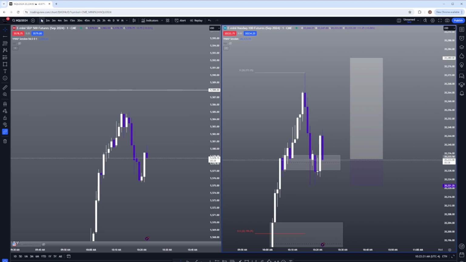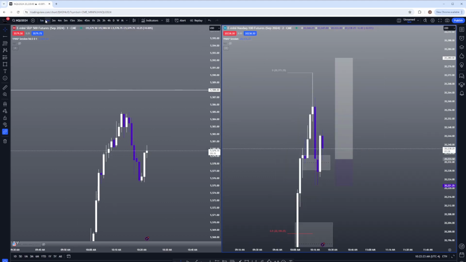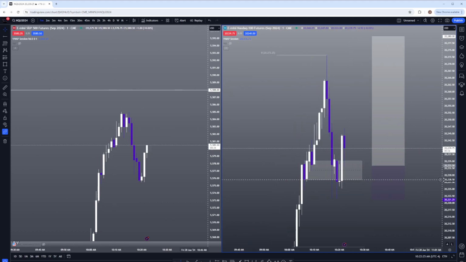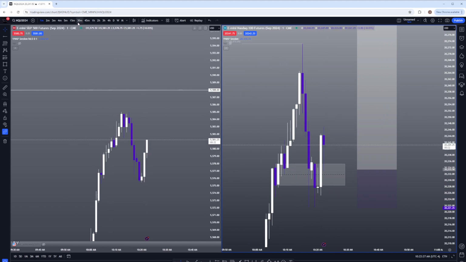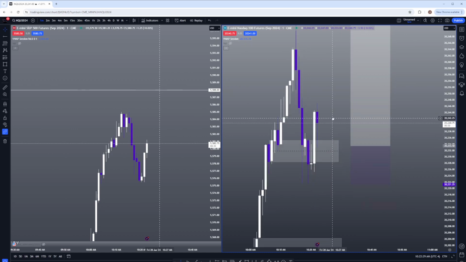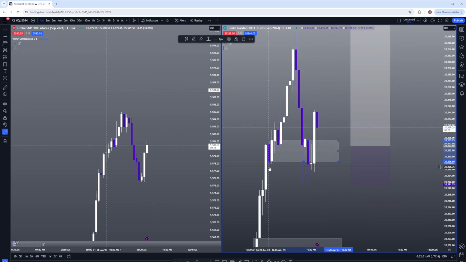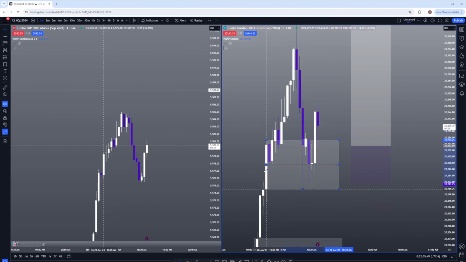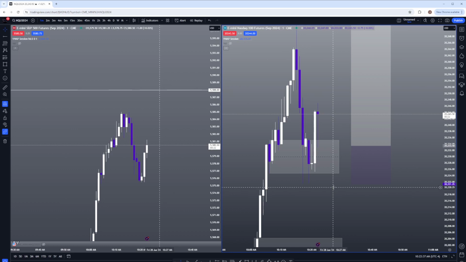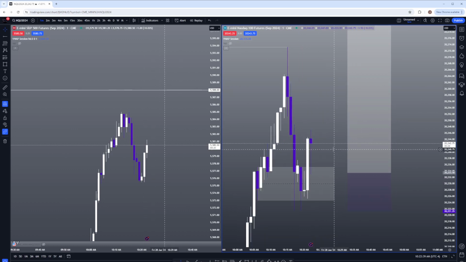If we can start to inverse, which it looked like we were starting to, let's see if we can continue to try to inverse. Still respecting our 2-minute imbalance. But this order block, you can see we still have not displaced that 1-minute order block that we bounced from. So we're showing a lot of bullish momentum here.